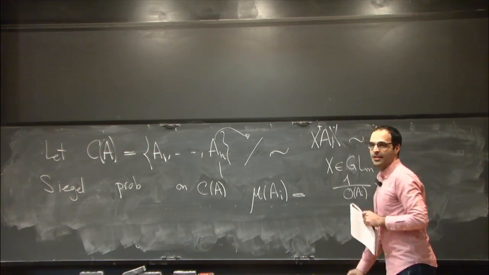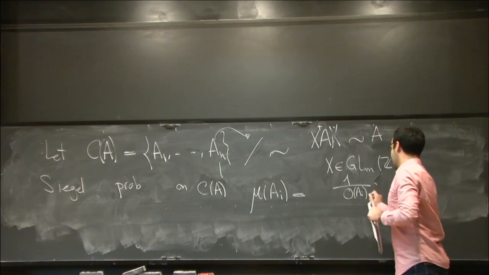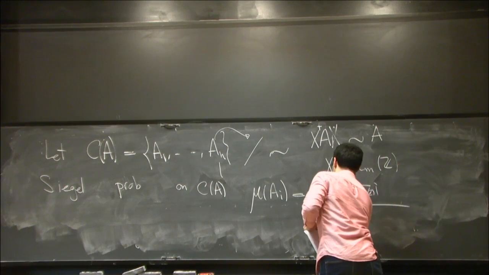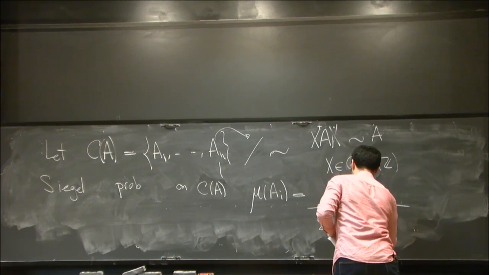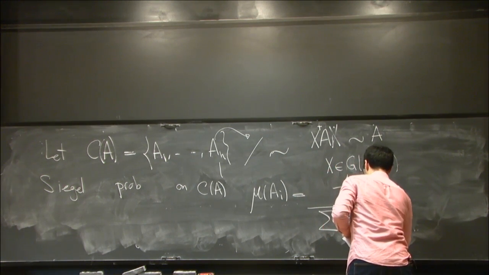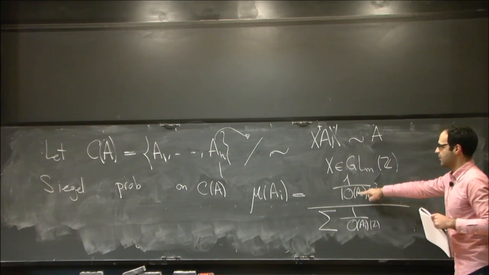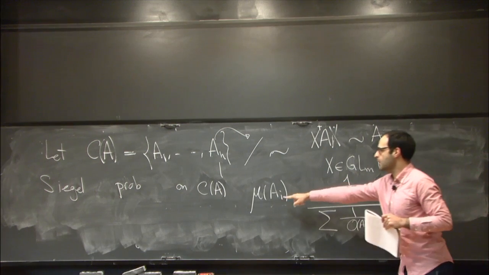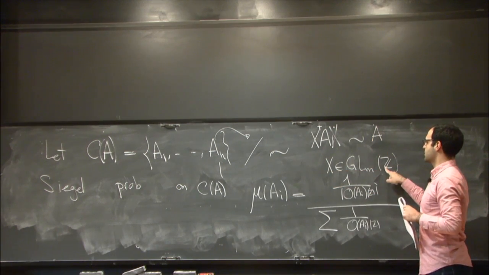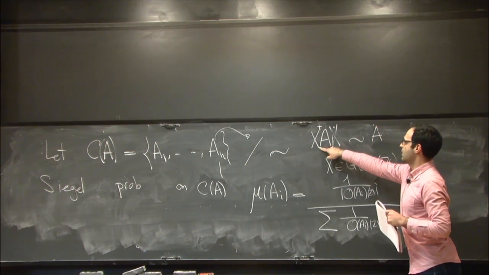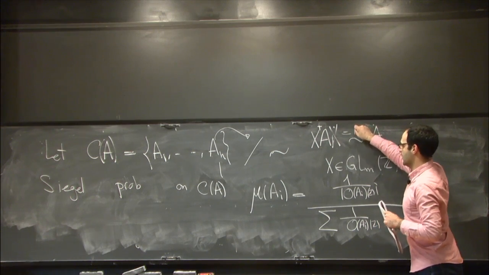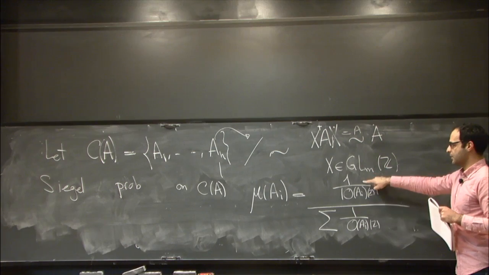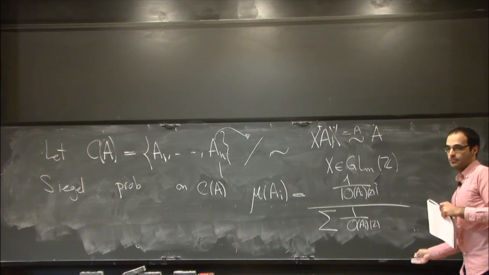Yes, so weight. So we'll take the inverse of the automorphism group of A_i, the set of all matrices in GL_m(Z) such that x transpose A_i x is equal to A_i. The probability measure is proportional to 1 over the size of the automorphism group.